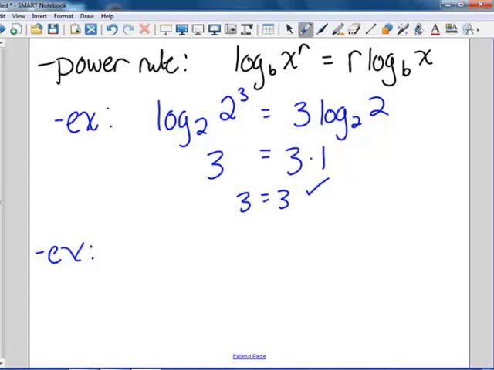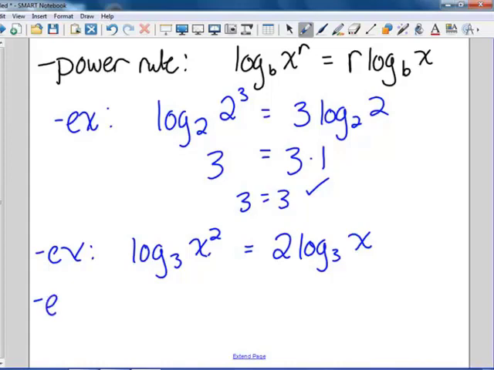Okay, how about one with x now? Let's say I want to rewrite log base 3 of x squared. This can be rewritten as 2 log base 3 of x. That would be the same thing. How about log base 5 of the square root of x?